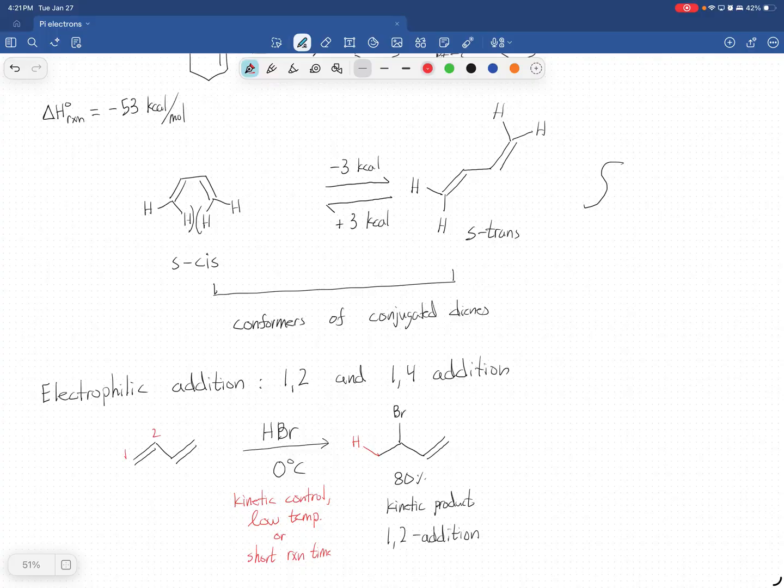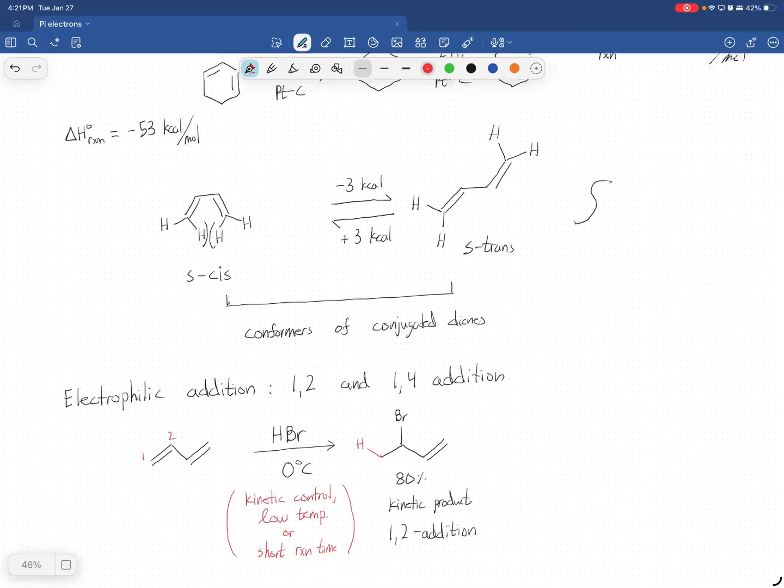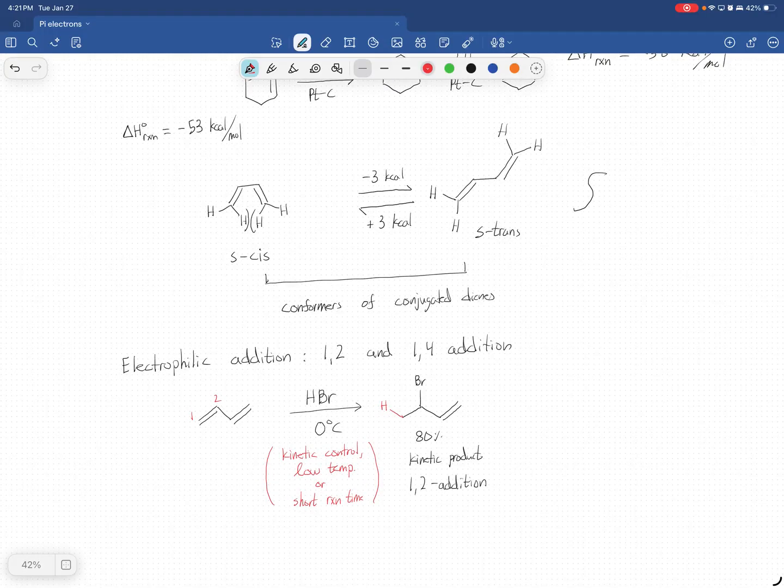Really? No. Short reaction time is like 20 minutes, 5 minutes. It's a very short reaction time. On the homework, you won't actually see short reaction times. What you will see is low temperature.